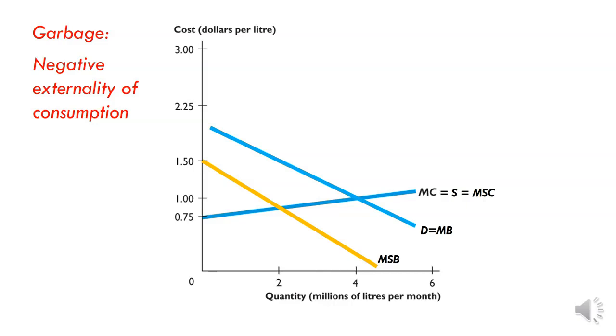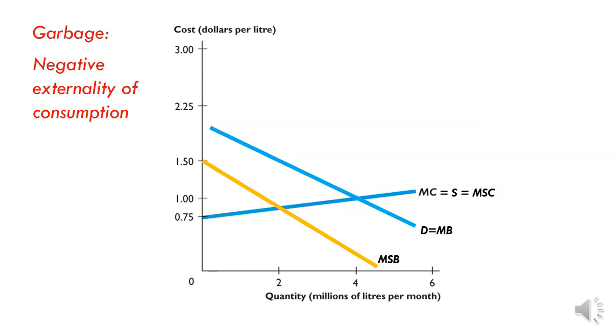So this is the marginal private benefit experienced by the consumers of the products, reflecting a demand curve. But that's not taking account of the negative external effects on others in the form of littering by the consumers. So if we took that into account, then the marginal benefit curve would be lower.